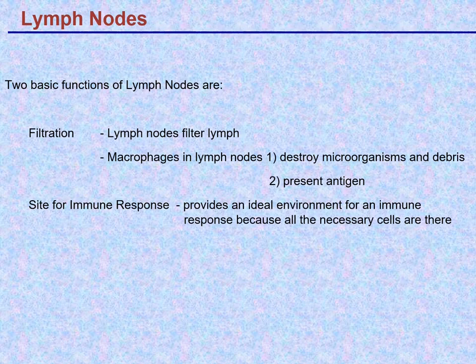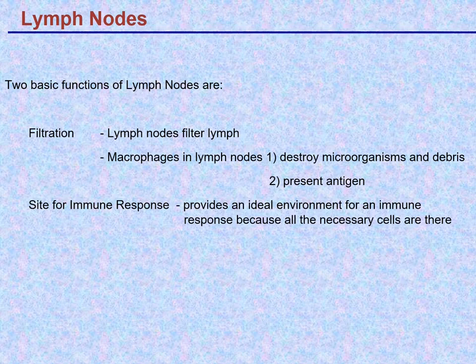They present those foreign molecules on their surface, and it's an ideal way of activating whichever T or B cells inside the lymph node has the right receptor for that particular antigen. So it's a site for an immune response. All the necessary cells are there.